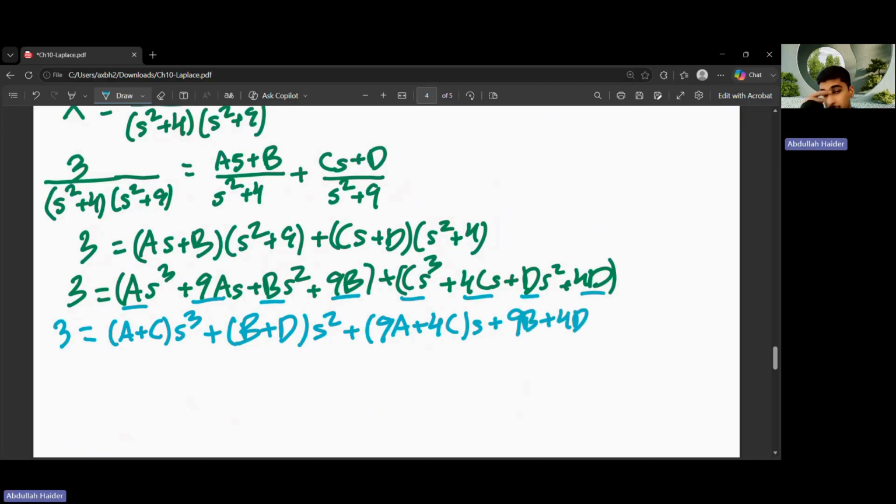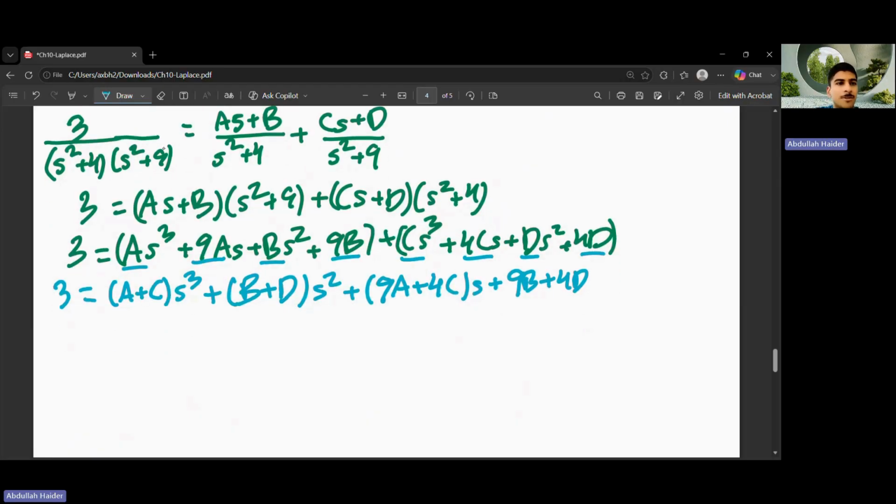So basically you're grouping them based on similar powers of s: s to the power 3, s to the power 2, s, and so on.